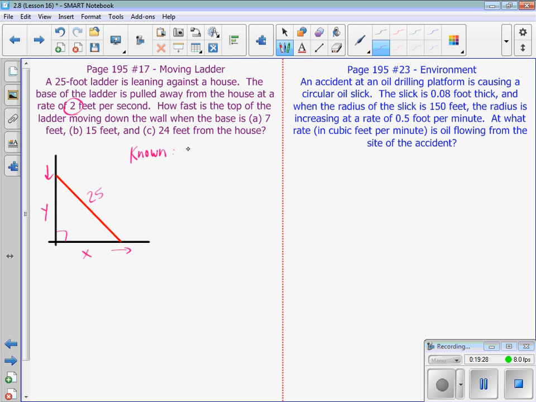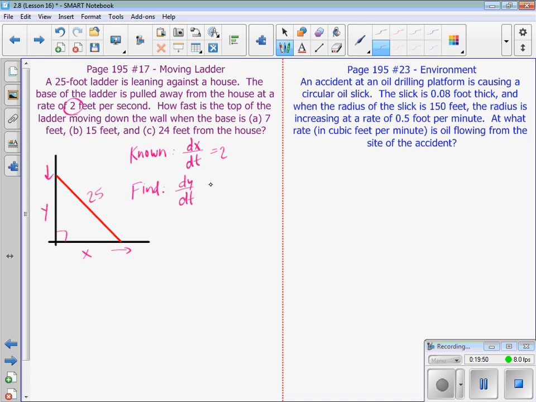So my dx/dt would be positive too. How fast is the top moving down? So what am I trying to find? dy/dt. Should it be positive or negative? Negative, because y is getting smaller, right?